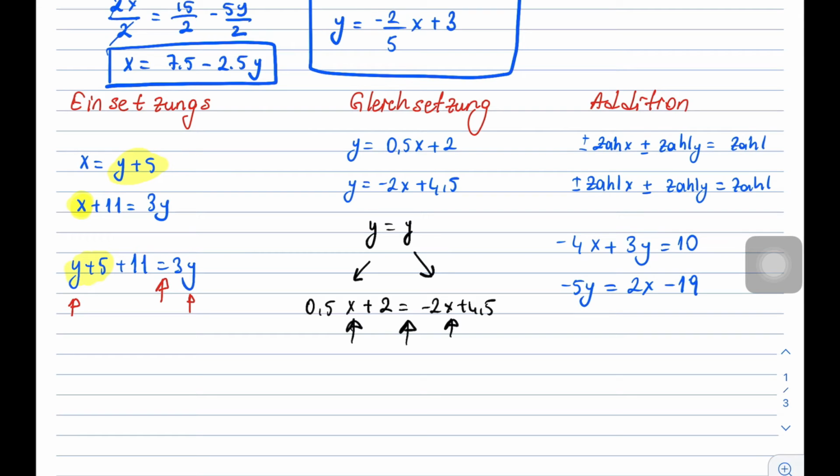Your aim, your target, is always to create a number that is the same, with a different sign. Then what's going to happen? When you add them, it's going to be 0, right?